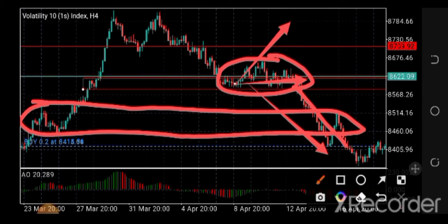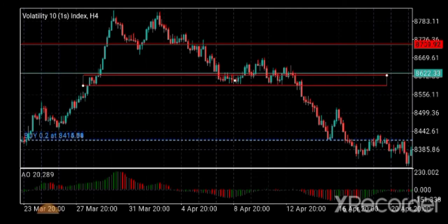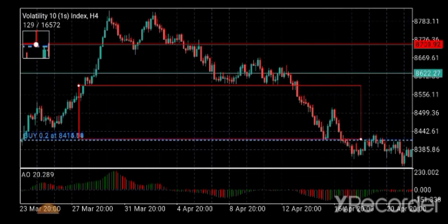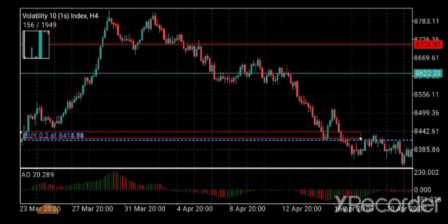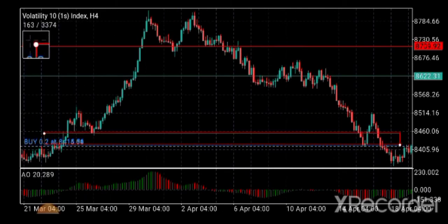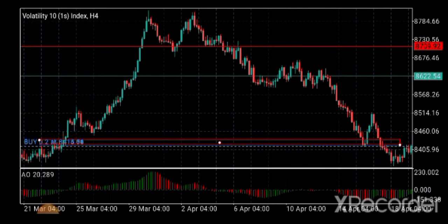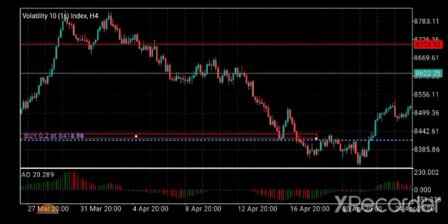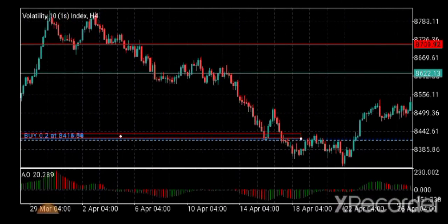So here is what happened. After the market came down here, it was rejected at this point, as you can see. It tried to go up, but it continued with a downtrend.